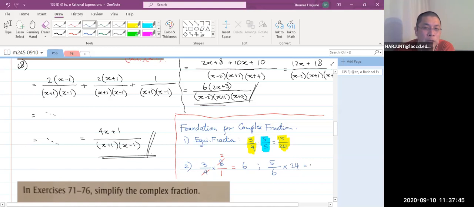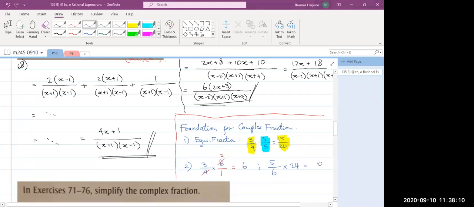Can you do it visually without writing anything down? 5 over 6 times 24 is 20. Because 24 divided by 6 first. 24 is a multiple of 6, right? So you divide first, you get 4, then multiply by 5, you get 20. Okay, now that's the idea.